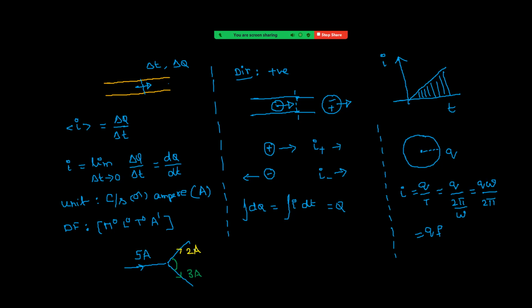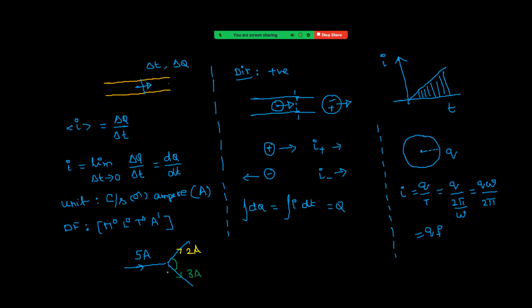This 5 is always equal to 2 plus 3. It is not depending on this angle. So addition of these two currents is not following the laws of vector addition. That's why even though current has direction, it is not a vector quantity.